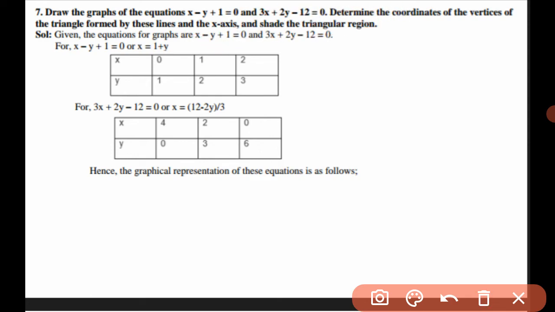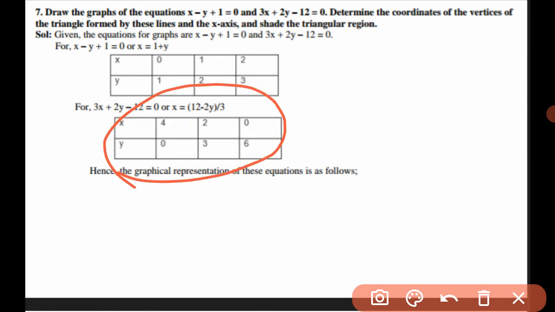The first equation is x minus y plus 1 equals 0, or we can take x equals 1 plus y. With the help of this equation, this table can be formed. Then the second equation is 3x plus 2y minus 12 equals 0. With its help we can write x equals 12 minus 2y upon 3. So we can make this table.